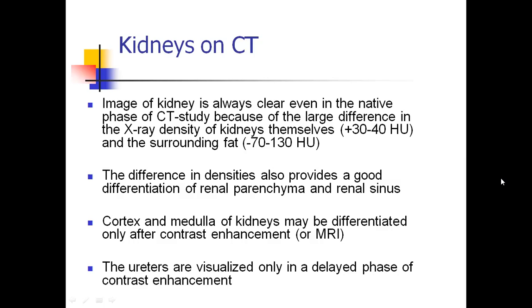At the same time, the density of surrounding fat is in the range of minus 70 to minus 130 Hounsfield units. So, due to this fact, kidneys may be distinct very clearly from the surrounding fat tissue.